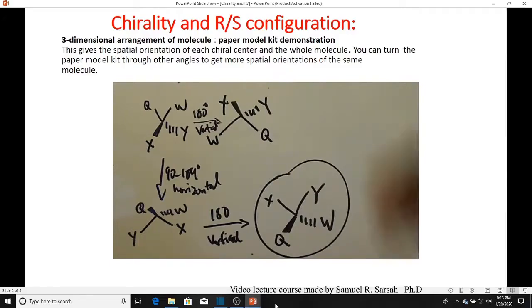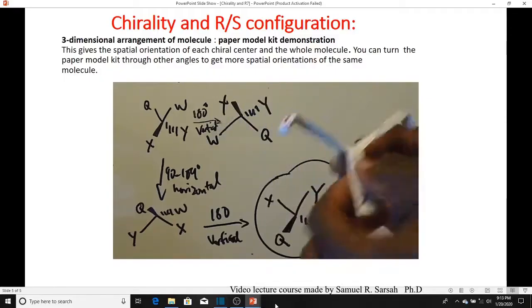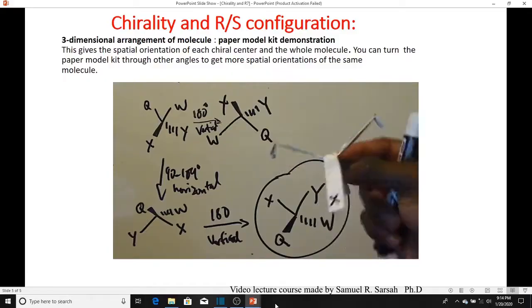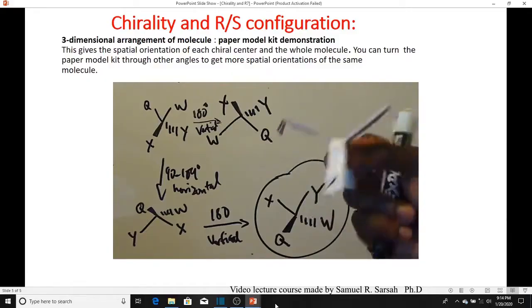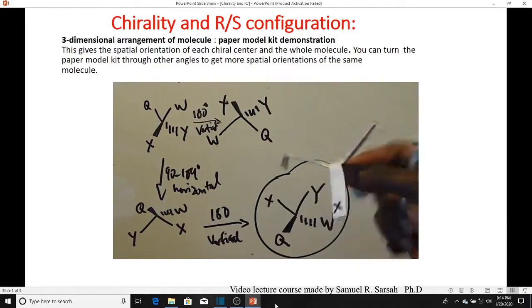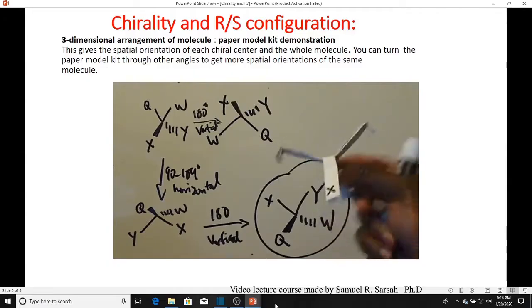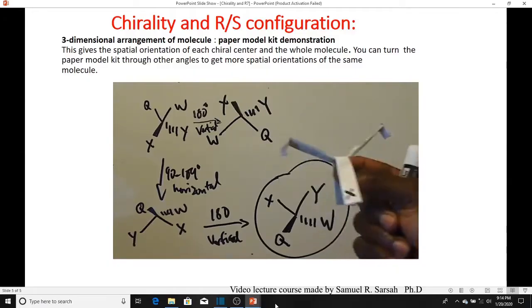In some angles, groups that are in the plane are now pointing in and out. This is very good because you can use it as a quick reference in examinations where you don't have your model kit. You can still have a paper as your model kit.